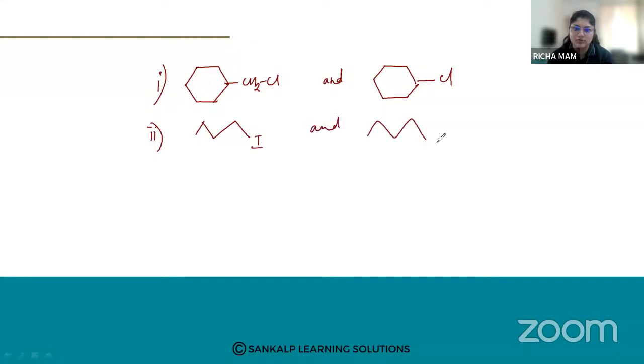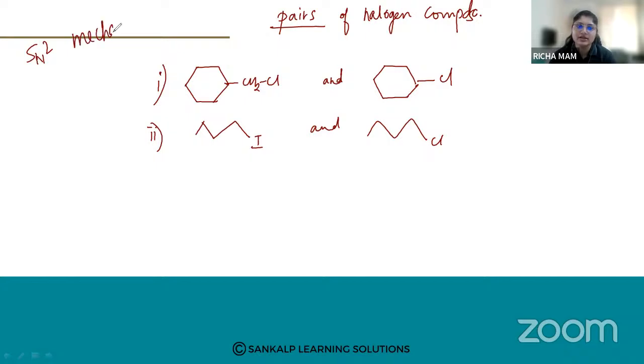The first one, I have this molecule CH2Cl and Cl, and I have one more. So these are the two following pairs. Of the halogen compounds, which will undergo SN2 mechanism faster in the following pairs? Tell me.